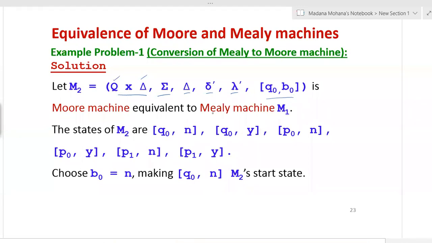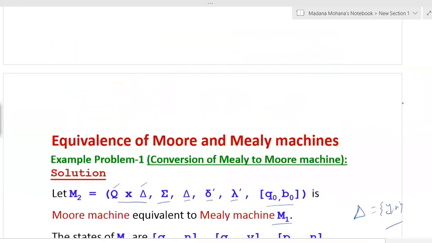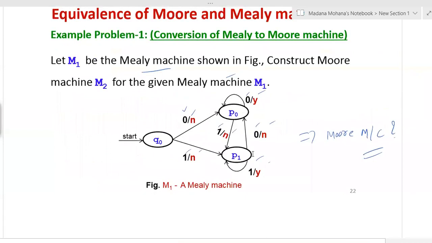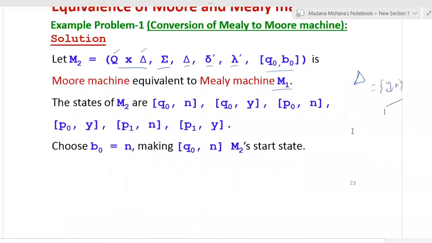So this is the Moore machine equivalent to the given Mealy machine M1. Now the states you can list out in M2 by the combination of states followed by output alphabet. Here the output alphabet is y, n. You can see in the given Mealy machine the outputs are a combination of y and n only. So that is delta, the output alphabet. Now you can pair the states with the y, n combination.